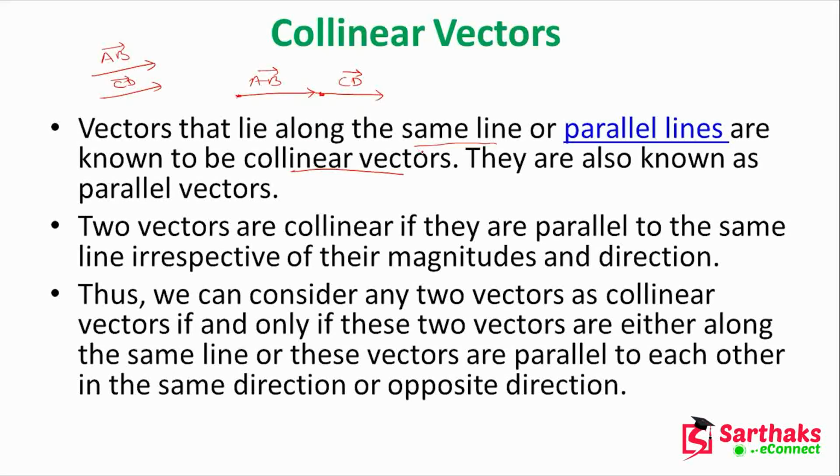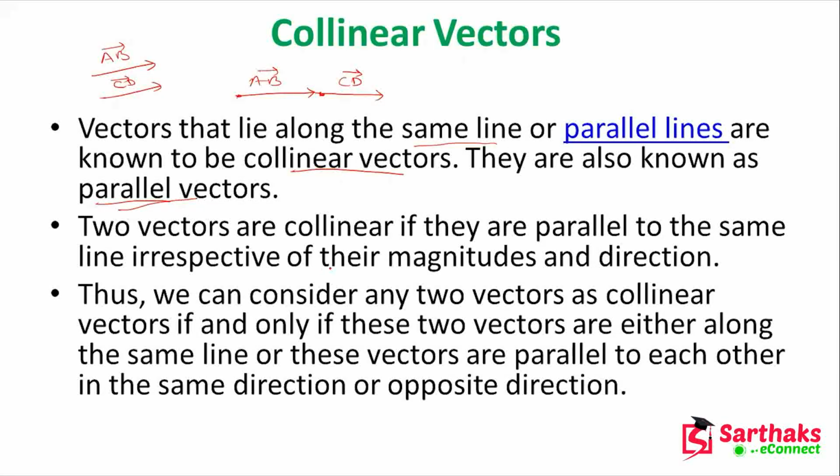So vectors that lie along the same line or parallel lines are known as collinear vectors. They are also known as parallel vectors, right?